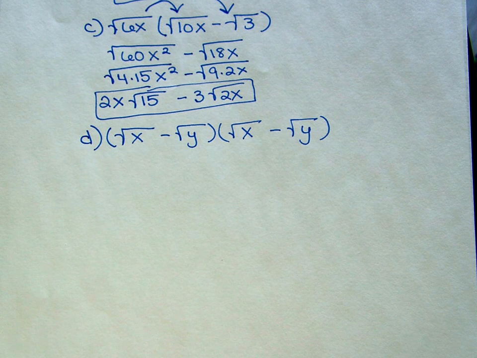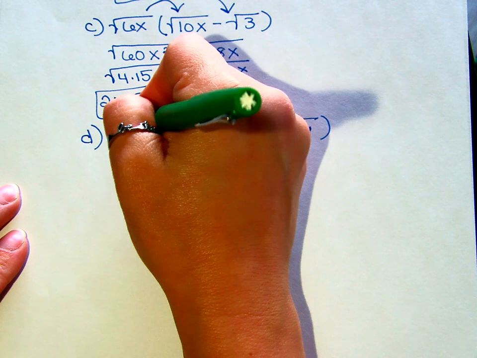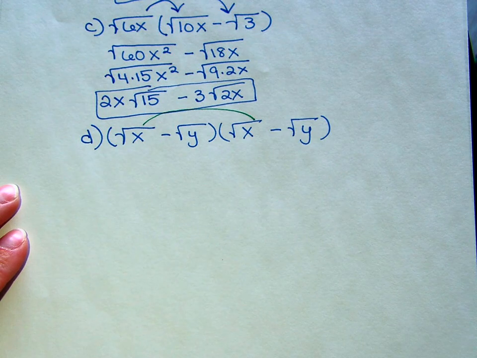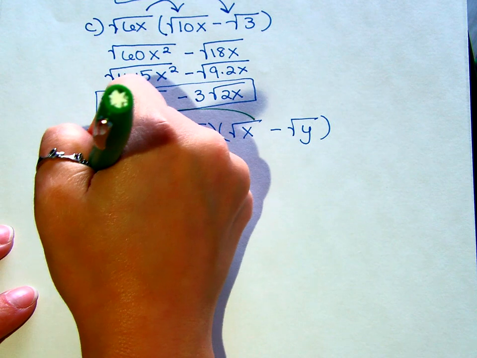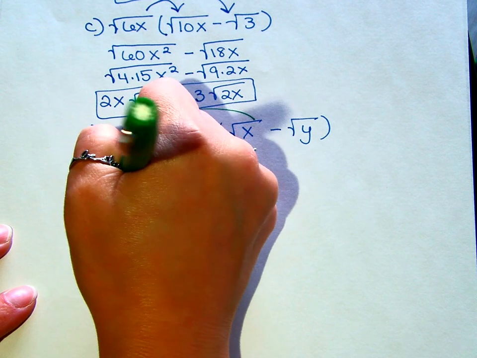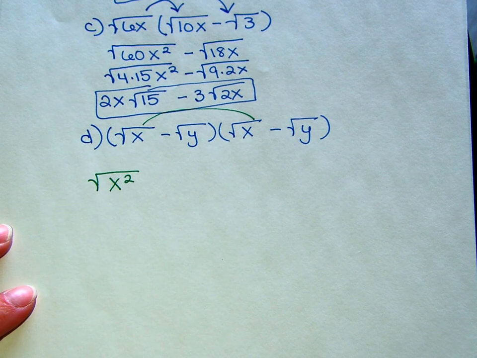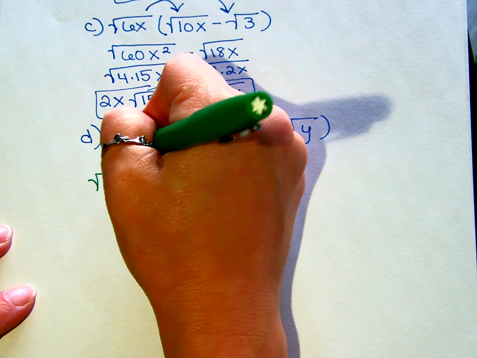Foiling, we're going to do our first terms. So we're going to have radical x times radical x, and that'll give me radical x squared. Outer terms, I'll be taking radical x times the negative radical y.